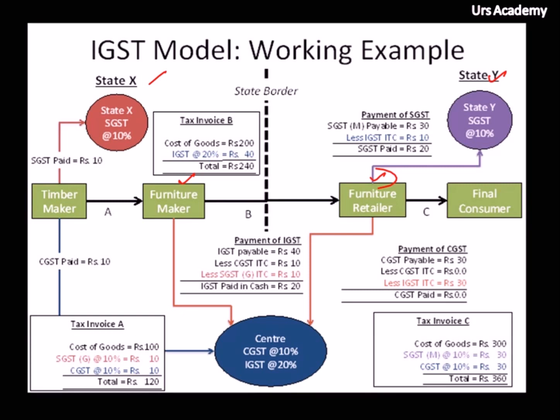But this 40 rupees will be charged under IGST when there is interstate trade of goods. For example, the interstate trade is in this direction. That means all the 40 rupees, that is tax on the 200 rupees, not only the value addition part, but the total tax will be collected by the center, not by state and center, because the SGST part is collected by the center itself.